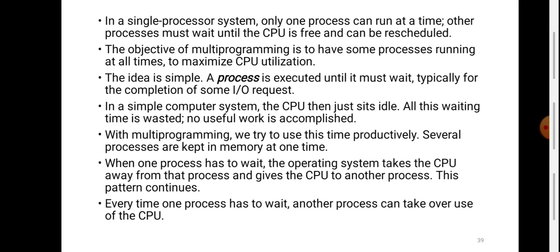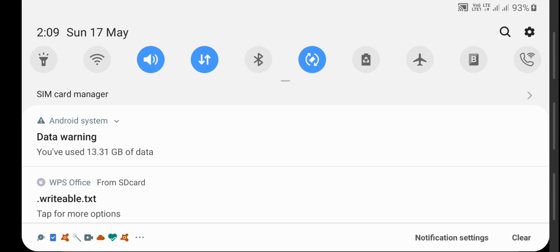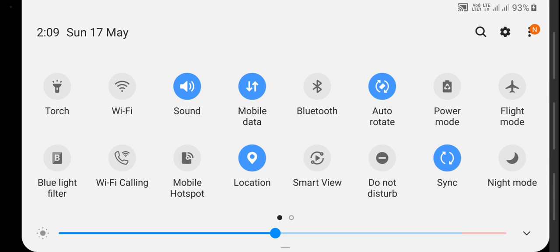In a simple computer system, the CPU then sits idle. All this waiting time is wasted, and no useful work is accomplished. So with multiprogramming we try to use this time productively, and we may not waste the time here.